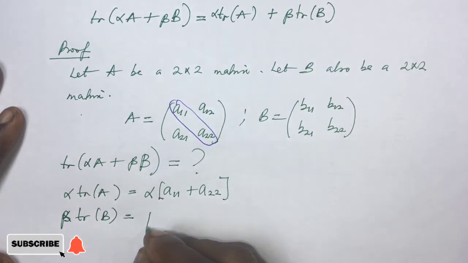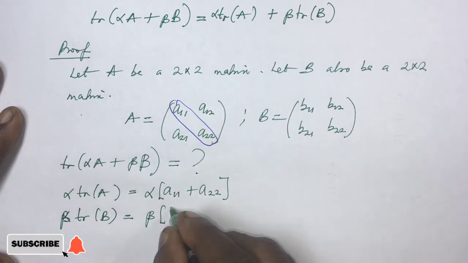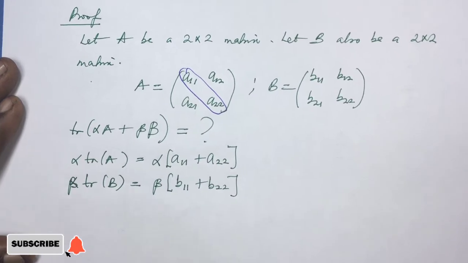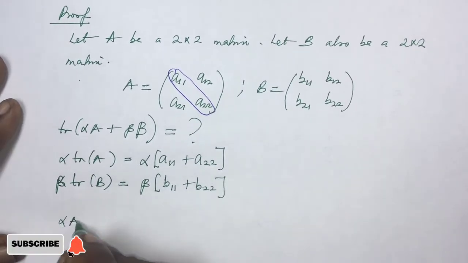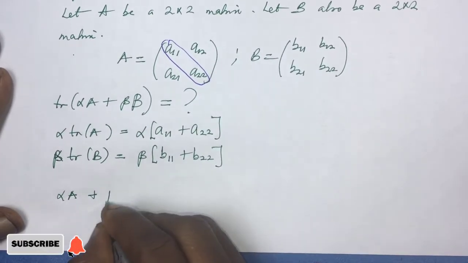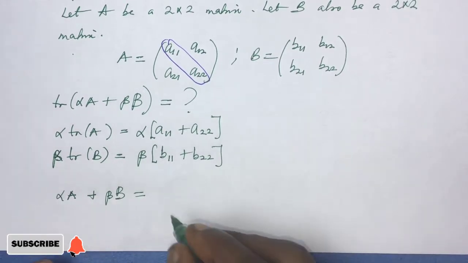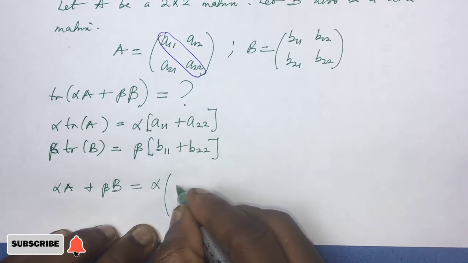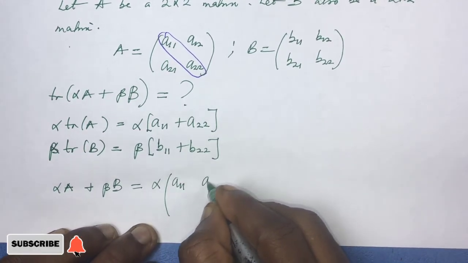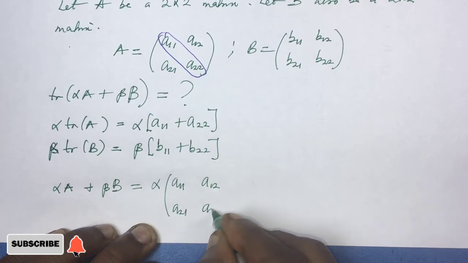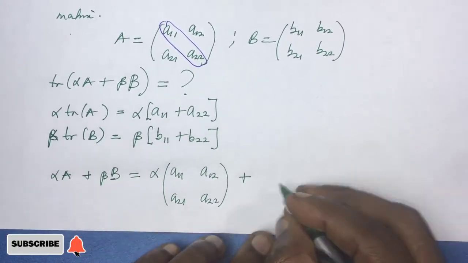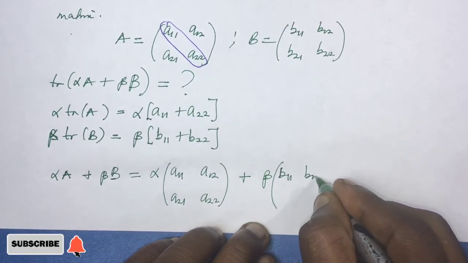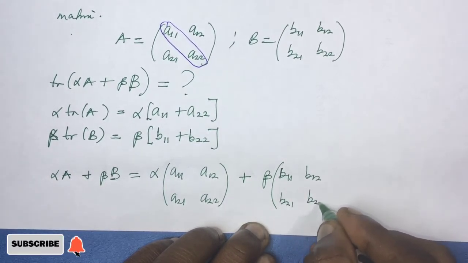Beta times the trace of B is beta in bracket B11 plus B22. Now, we are going to add alpha A, first of all, to beta B. When you do that, you are going to have alpha in bracket A11, A12, A21, A22 added to beta in bracket B11, B12, B21, B22.